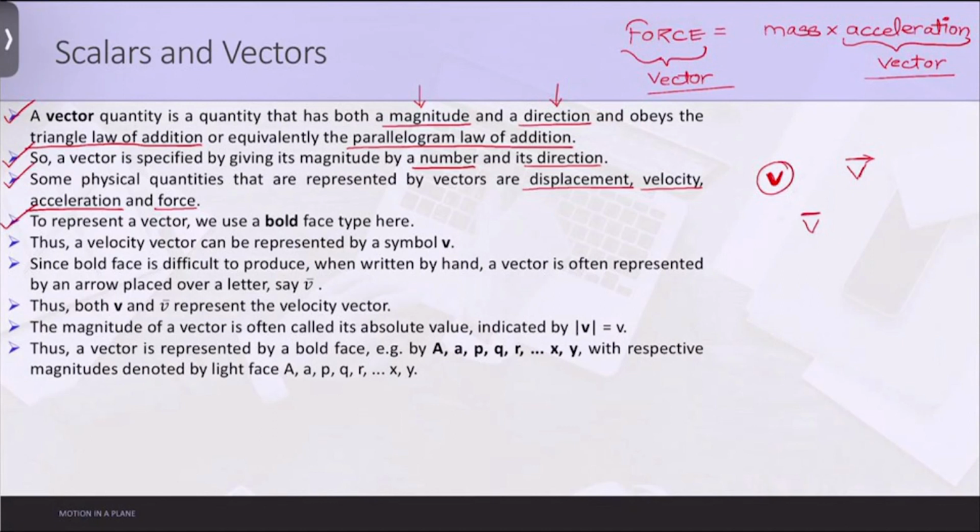Here also in some ways you will find it written like this only, it's v bar. It depends completely upon you how to represent a vector here. Just to make it different from a scalar, we add some different representation to a vector.